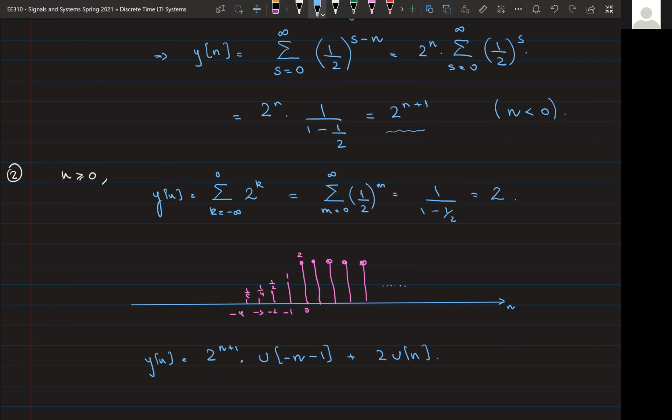Yes sir, that's what I meant, because it is the accumulated value. For n greater than 0 it stays 2. Yes, it stays 2, because that's the accumulated value. That turns out to be 2. That's true.